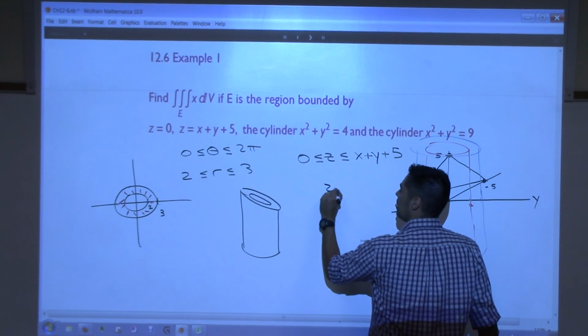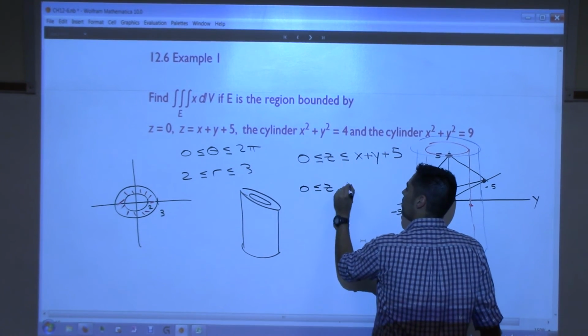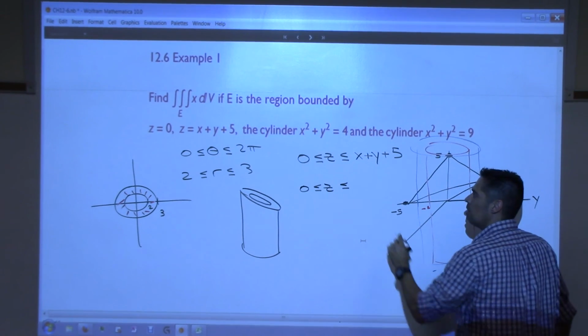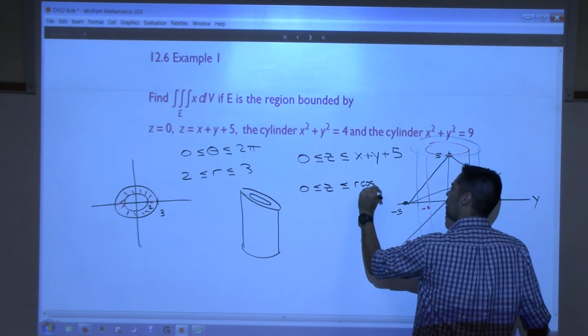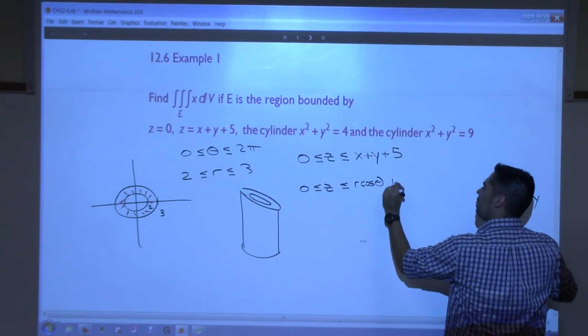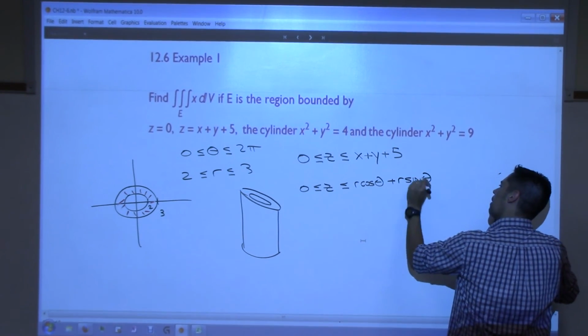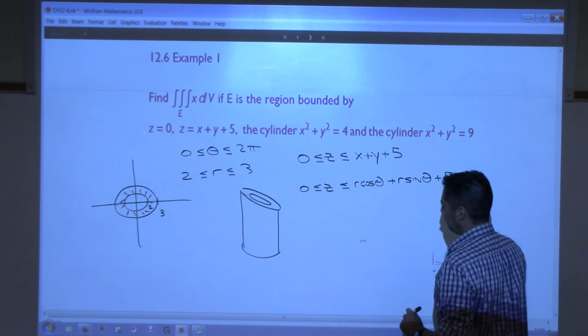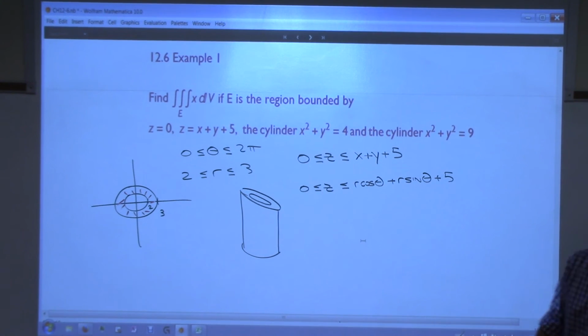It should be z greater than or equal to 0, less than or equal to r cosine theta plus r sine theta plus 5. Understand that? That's everything I need to set up the triple integral.